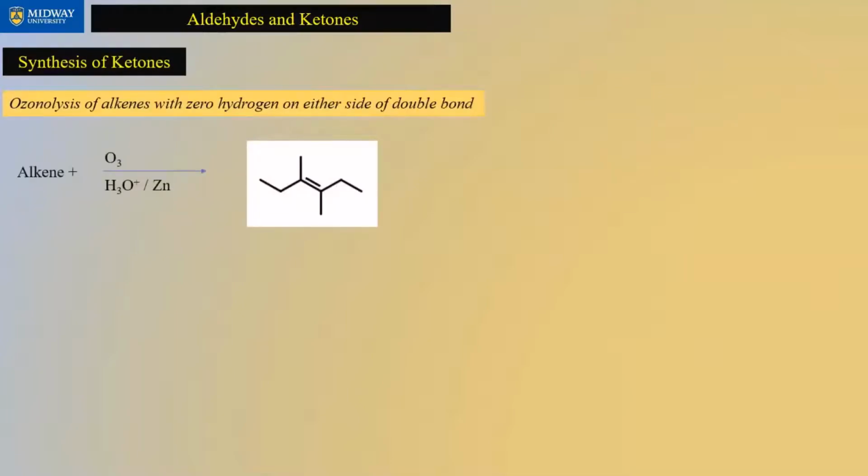And this is another ozonolysis procedure. We learned with the aldehydes, there are two cases, 2 hydrogens on either side or 1 hydrogen on either side. If there is no hydrogen on either side of the double bond, then it guarantees a ketone. Again, ozonolysis means O3.